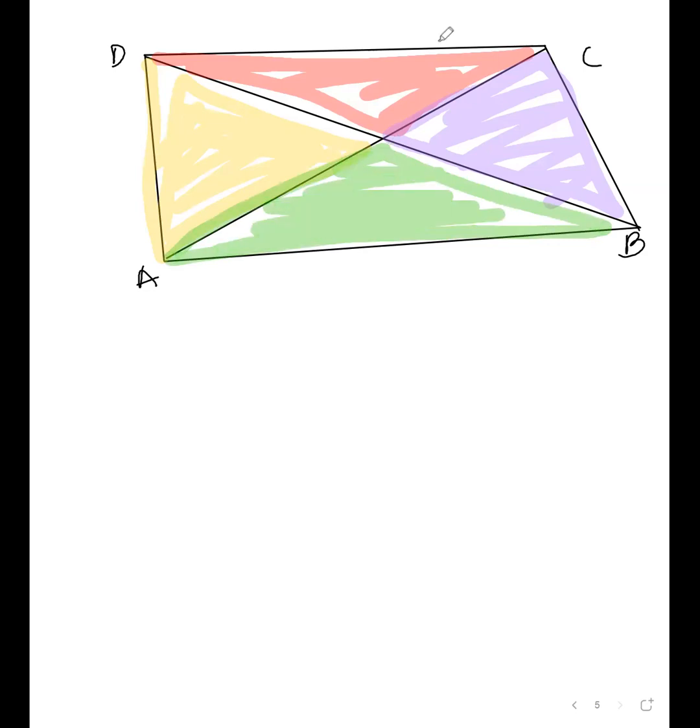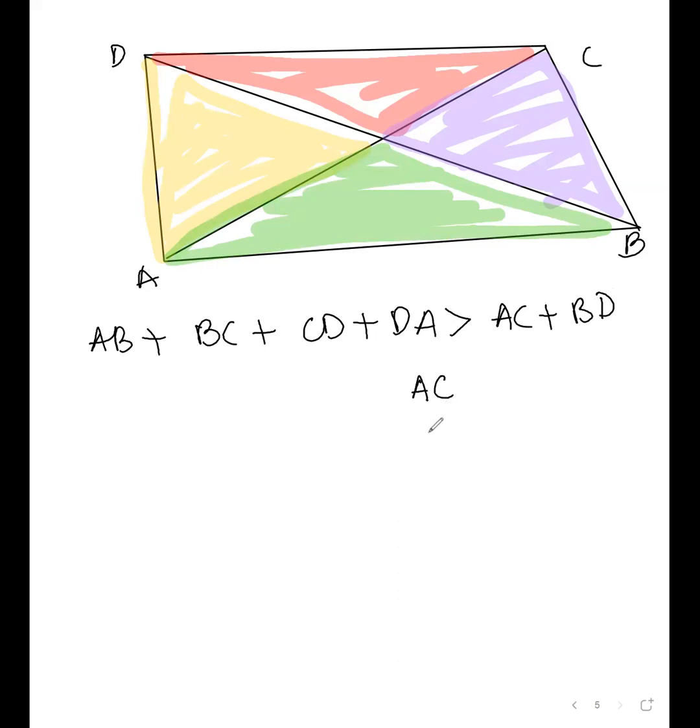Okay. Now, Hiba, once again, we have AB plus BC plus CD plus DA should be greater than AC plus BD. Now, you're going to have to divide this because this is divided into four triangles, right? So now AC and BD.